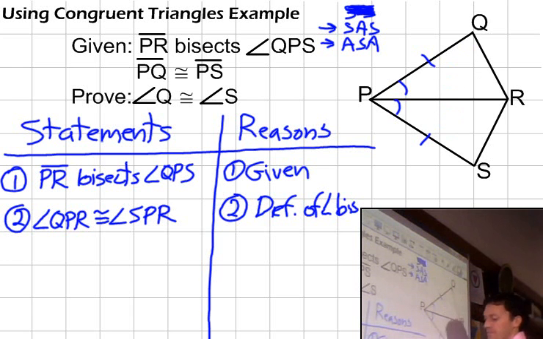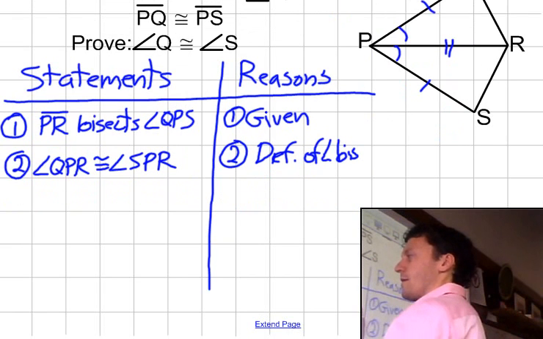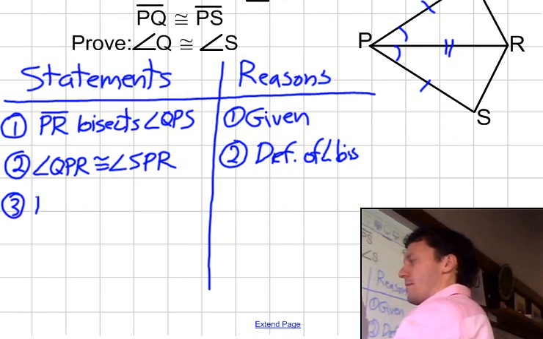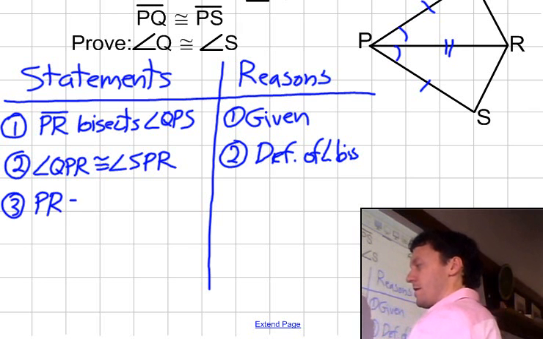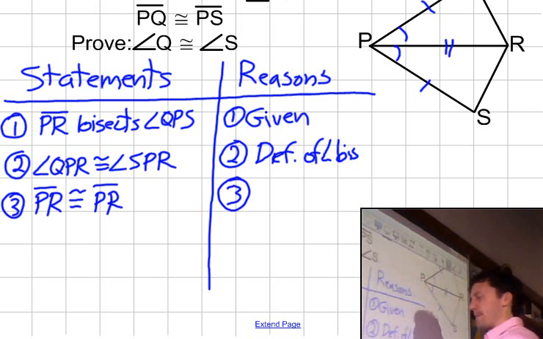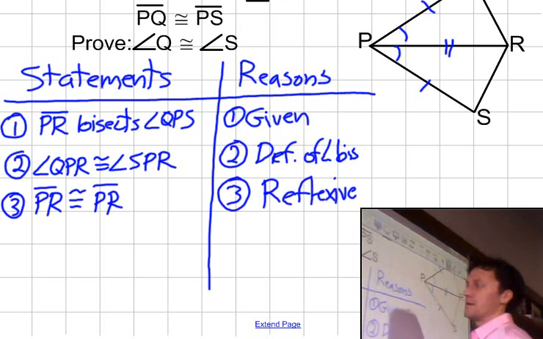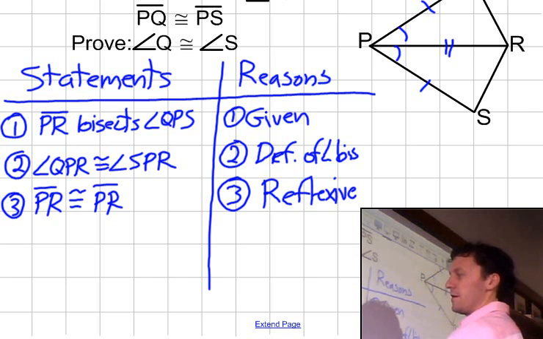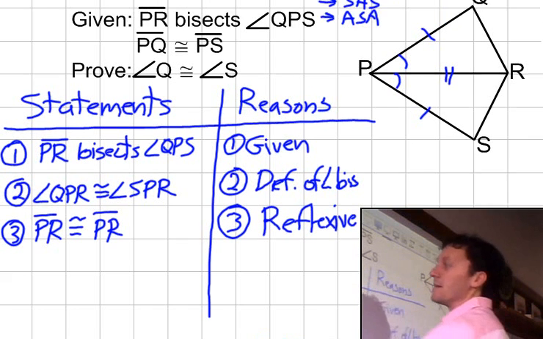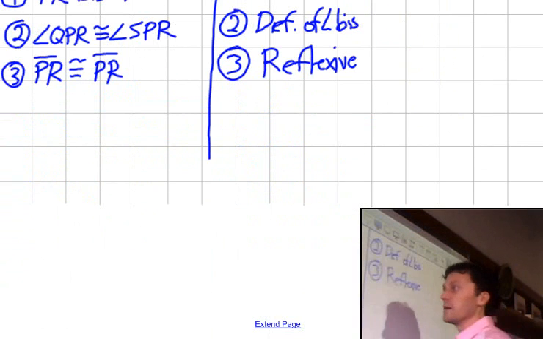So let's state that. PR is congruent to PR. And that is the reflexive property. Okay, so we've got our angle, we've got our side. Actually, I never put that other side in there, so let me do that quickly.